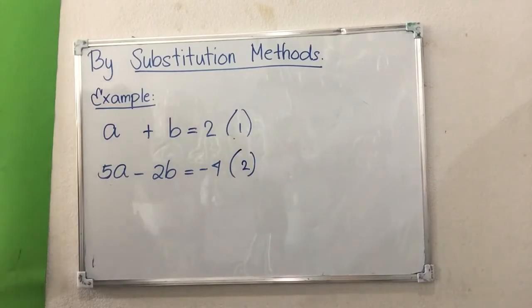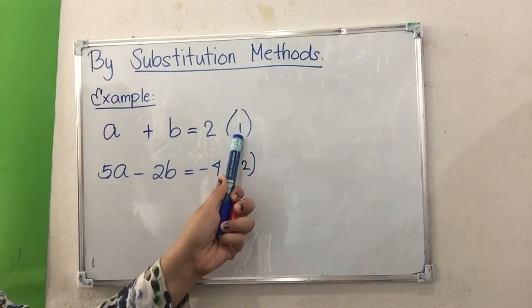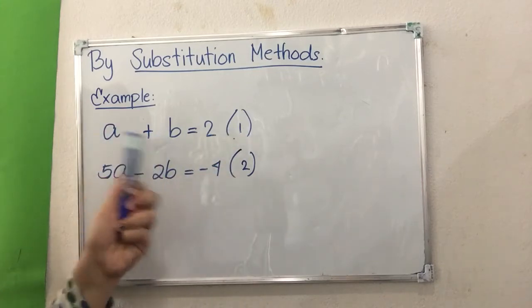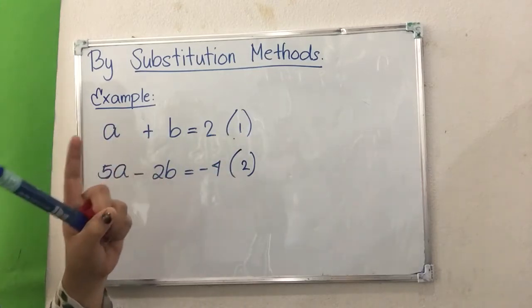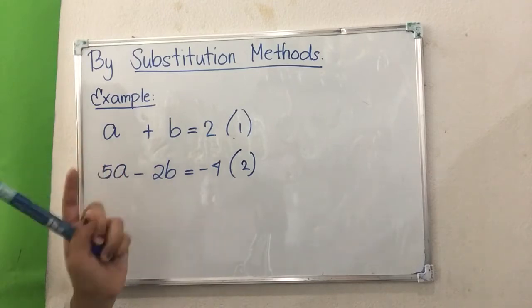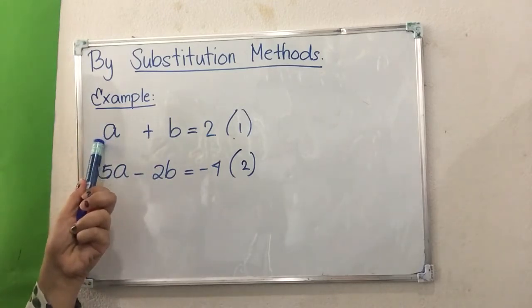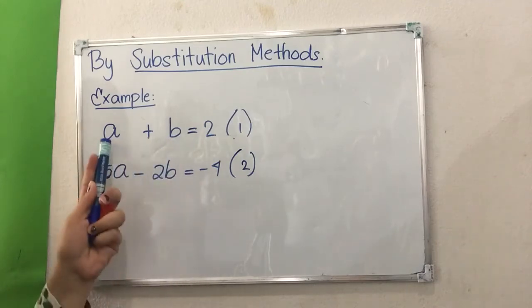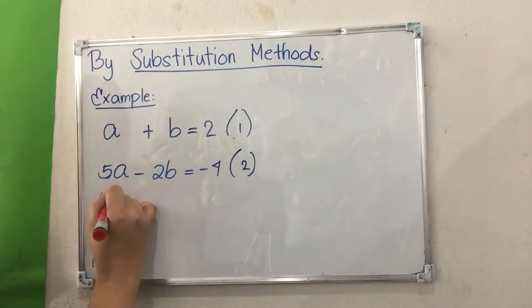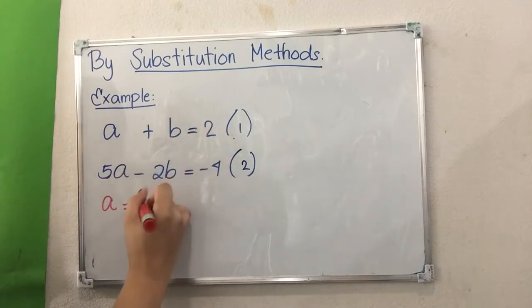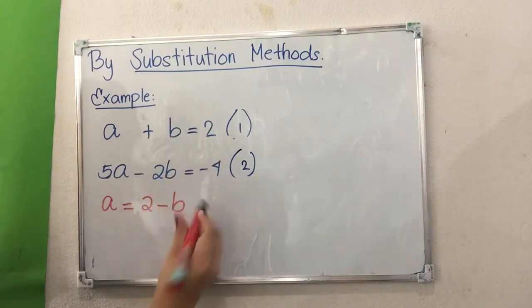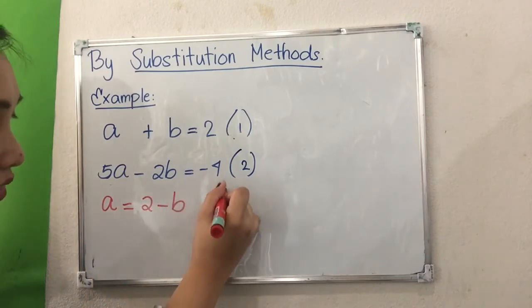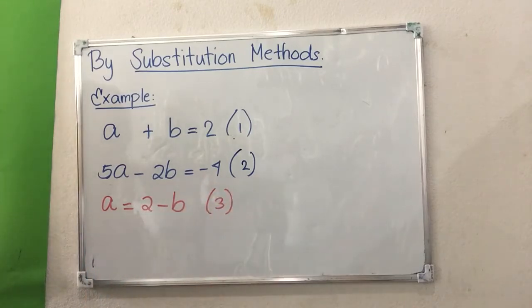This time I will use equation 1 because the two variables have a coefficient of 1. You can choose either a or b. I will use a, so a is equal to 2 minus b. This is our third equation.